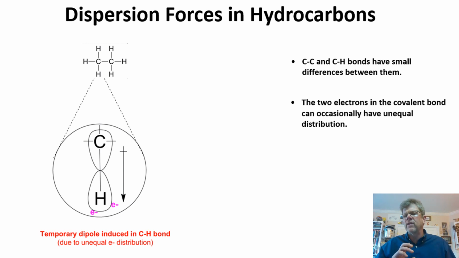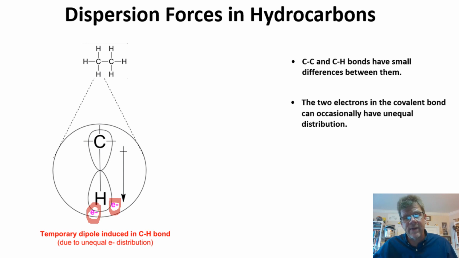And just as we saw in that example of helium, normally they're zipping around both the carbon and the hydrogen, but every now and then we'll have our two electrons on one side of that carbon-hydrogen bond, or the carbon-carbon bond.